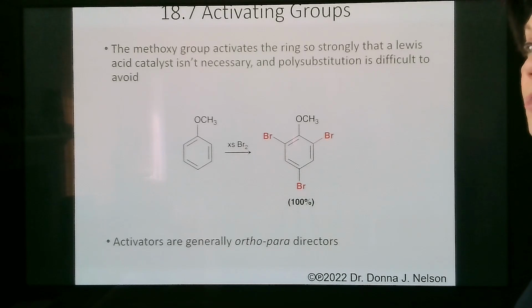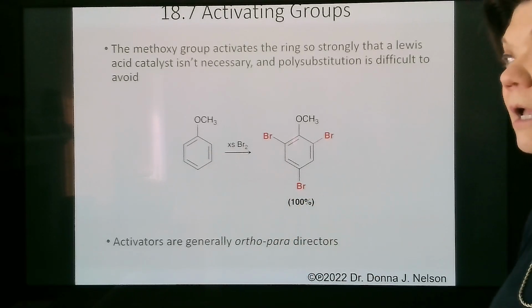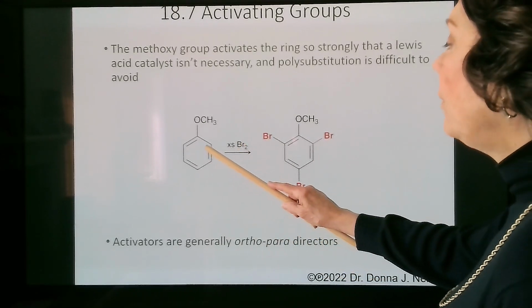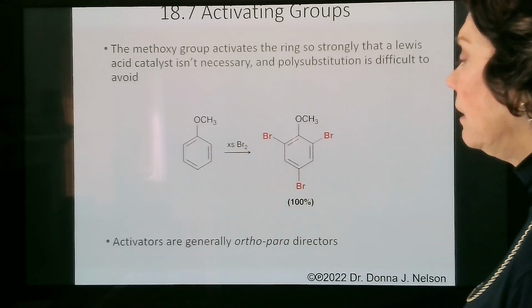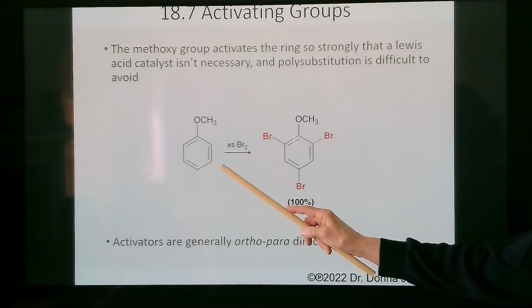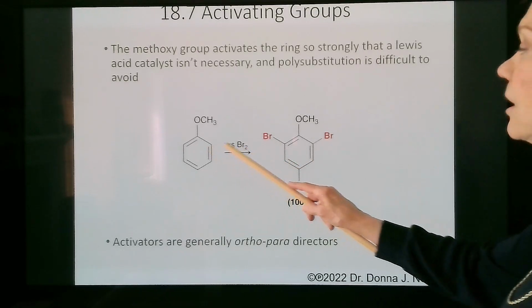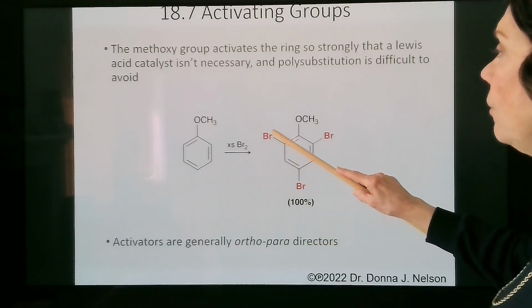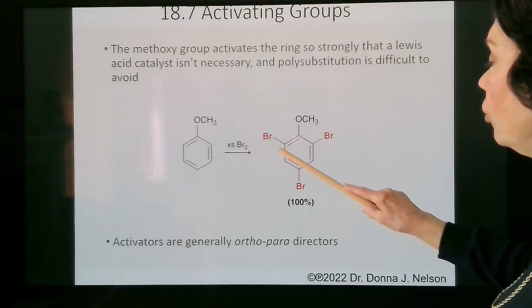The electrons in the benzene ring are very available. And so if you put anisole in the presence of bromine, you don't even need to use a catalyst. This will just react with the bromine, and it will give you tribromination.